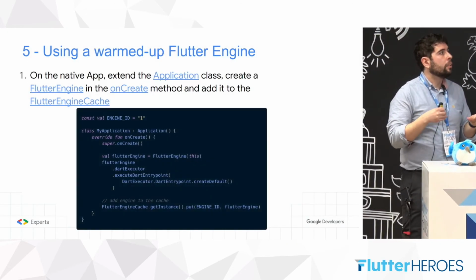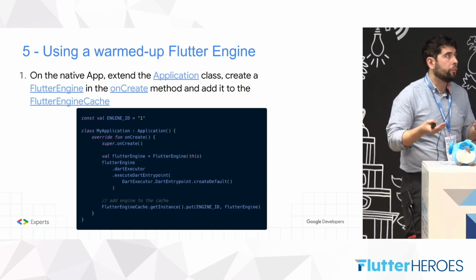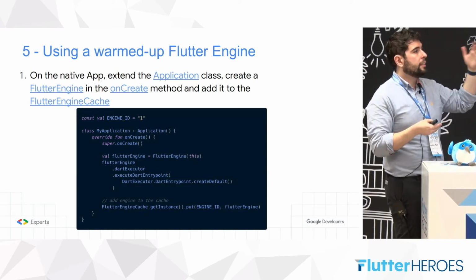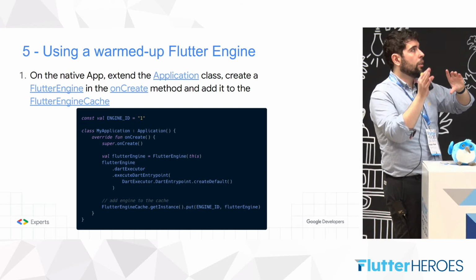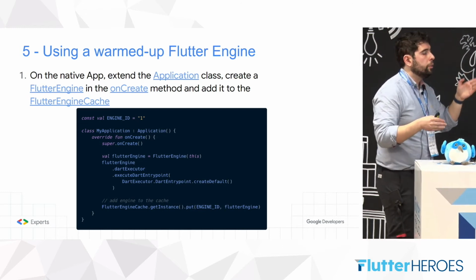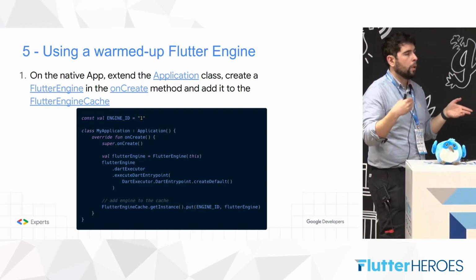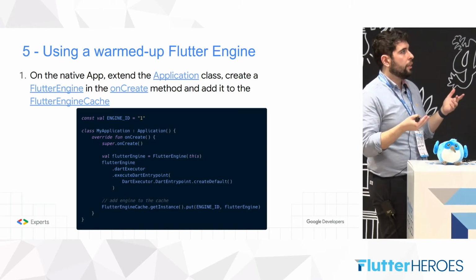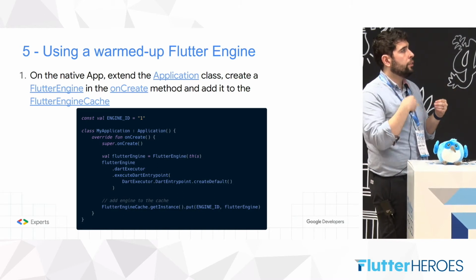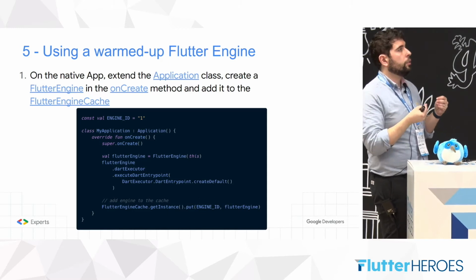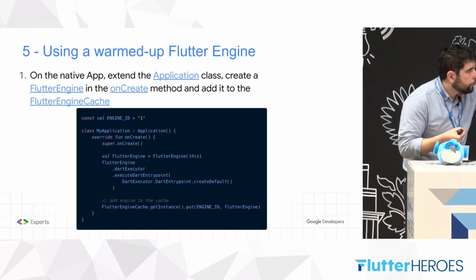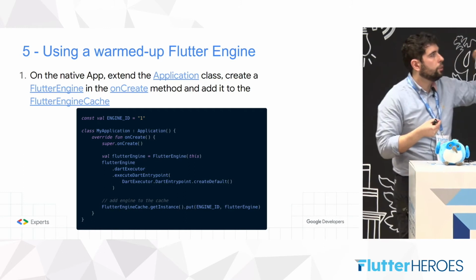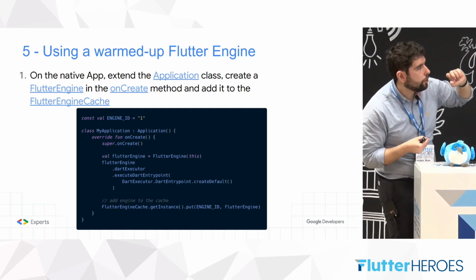Well, again, this is a little bit of a recipe that we are going to follow. We need to extend the application class in Kotlin. We need to create a new constant, which is going to be, well, you can or cannot, but it's better to create a constant, which is going to be the engine ID. And then you create a new Flutter engine for that application, and you put there a Dart executor to execute a certain entry point.